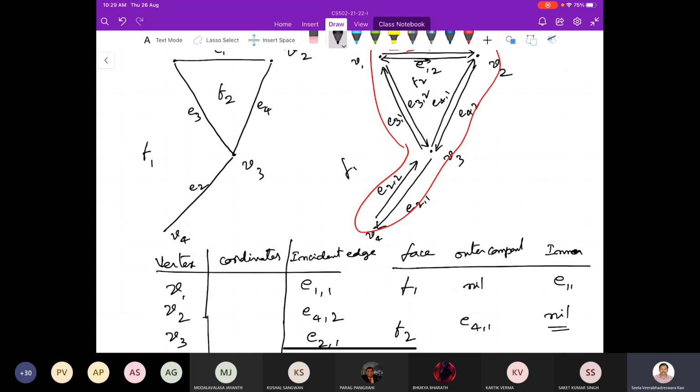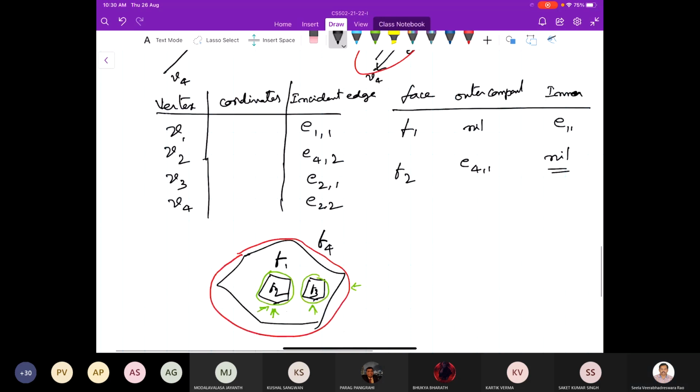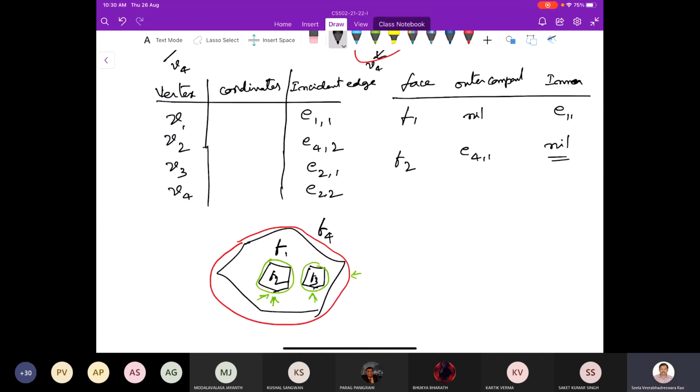So this is very simple. That's why there is very simple information, not much information. Suppose you take this one, okay, in this face, we have to keep one edge corresponding to the outer boundary and one edge corresponding to the inner boundaries, each inner boundary. Okay, so that comes as an inner component. Is it clear?